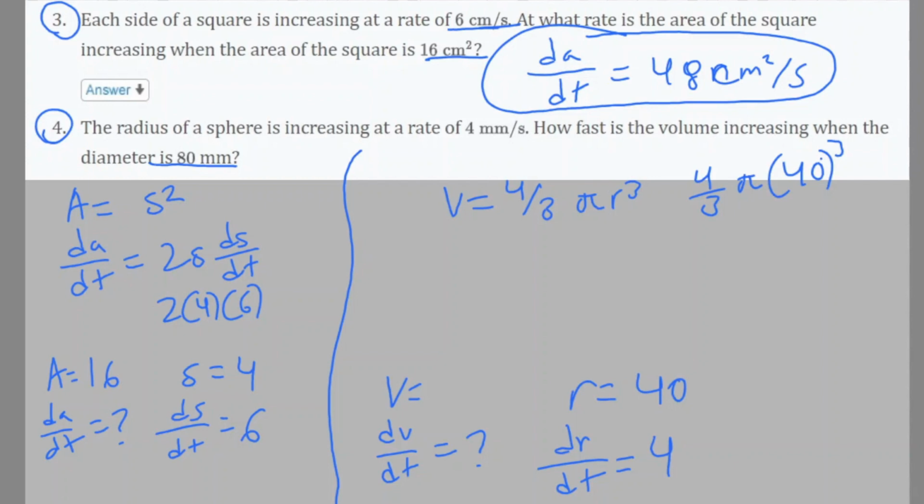If you calculate that, you will get 64,000 multiplied by 4 divided by 3, or you can actually write it as a fraction. I don't want to write a really long decimal. So the volume is equal to 256,000 pi divided by 3.